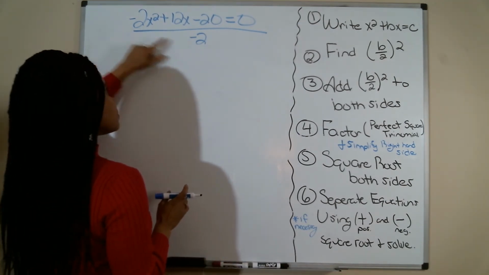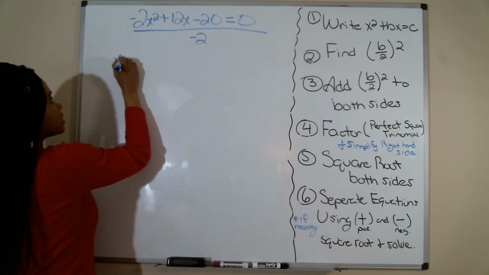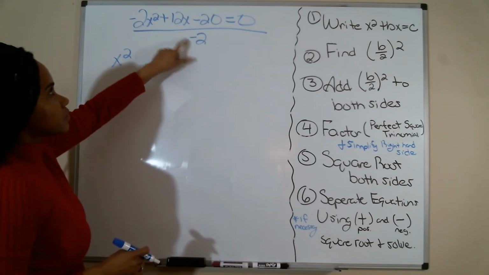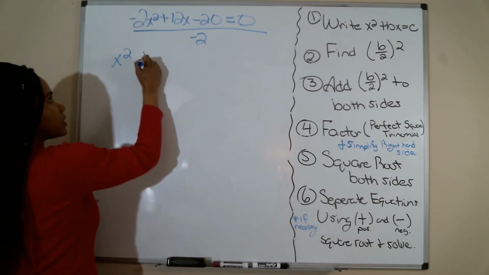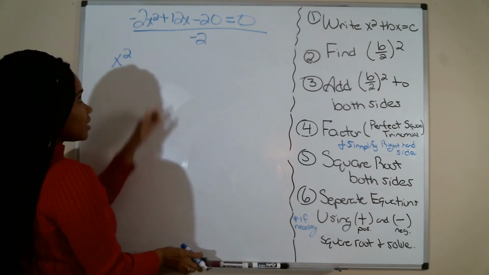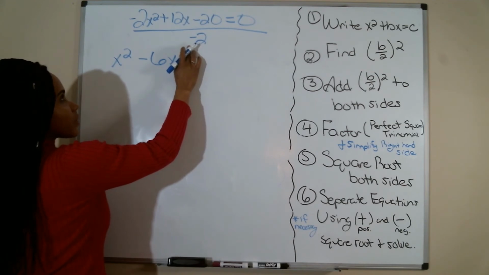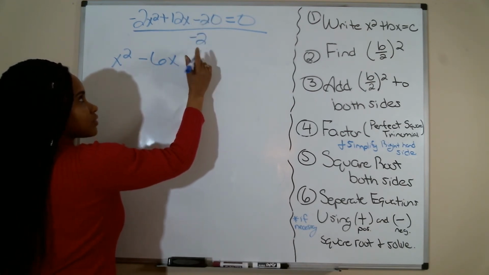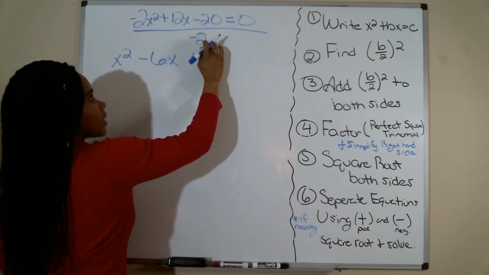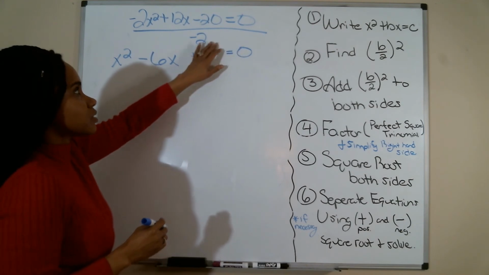So -2x squared divided by -2 is just x squared, which is what you want. 12x divided by -2 is -6x. All right. -20 divided by -2 is a positive 10. And 0 divided by -2 is still 0. Again, if you had a number there, you would still just divide it.